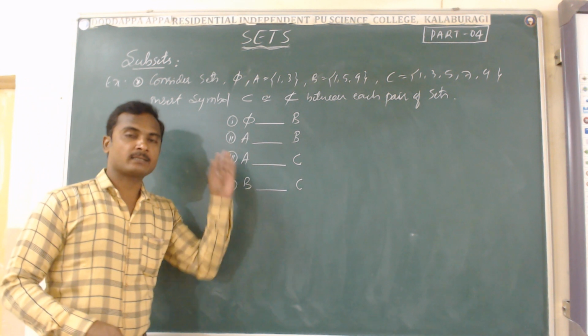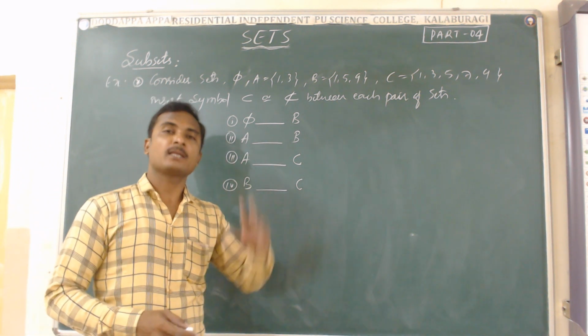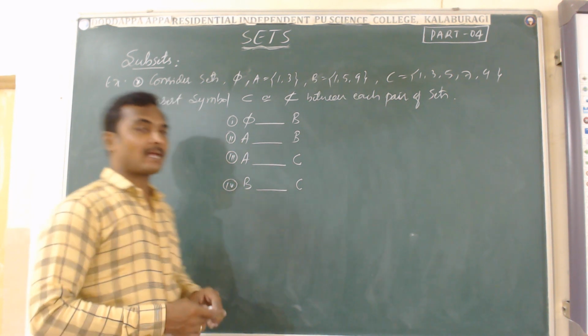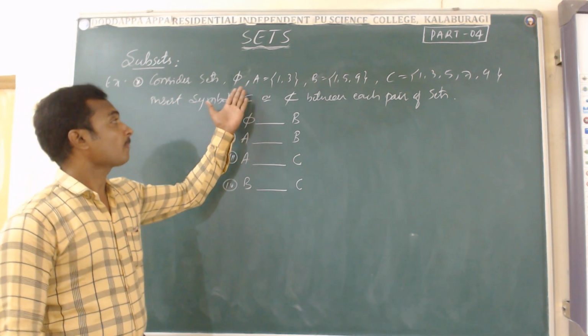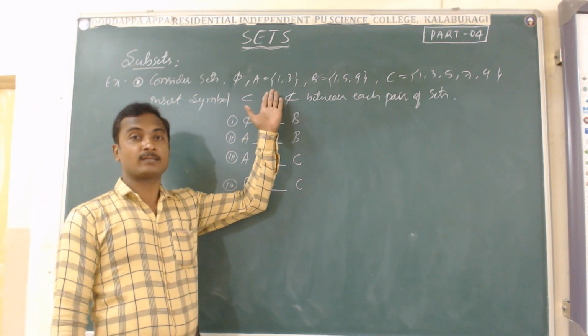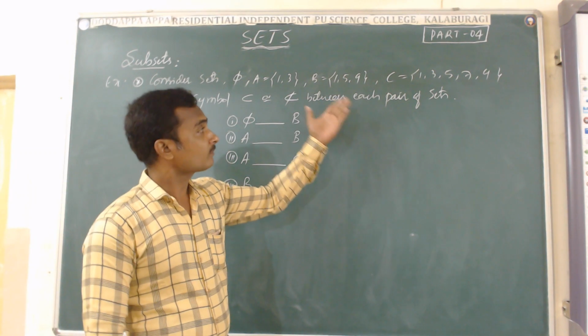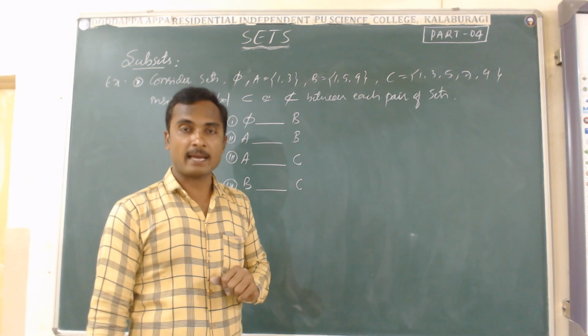Okay, students. So let us understand this concept of subsets and the use of the symbols by using this example, right? Consider the sets phi, the empty set, the set A which contains 1 and 3, the set B which contains 1, 5, 9, and the set C which contains 1, 3, 5, 7, 9.